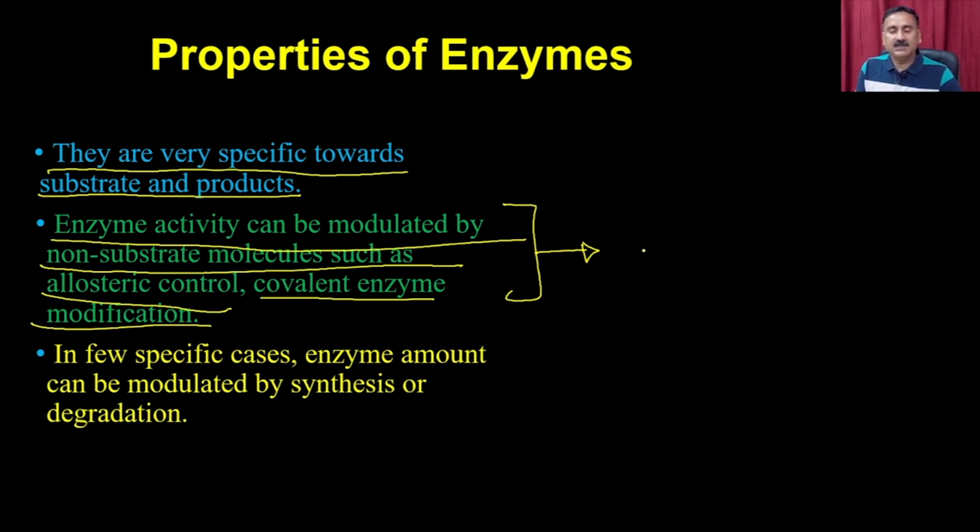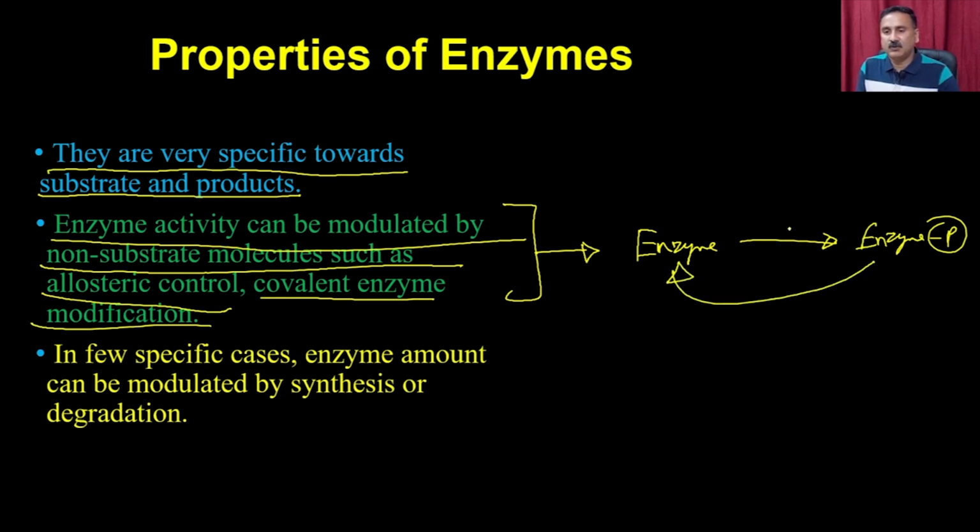In covalent modification, there are different types of modifications, where the enzyme is going to be converted into enzyme phosphate, for example. This is one of the covalent modifications, and that enzyme is again going to be returned back. So, you have one set of kinase and one set of phosphatase, and the phosphatase's job is to convert it back.